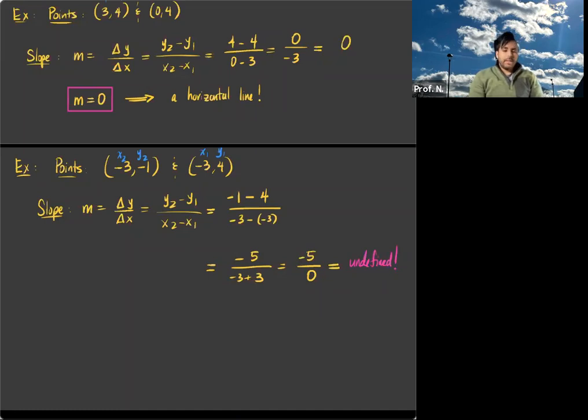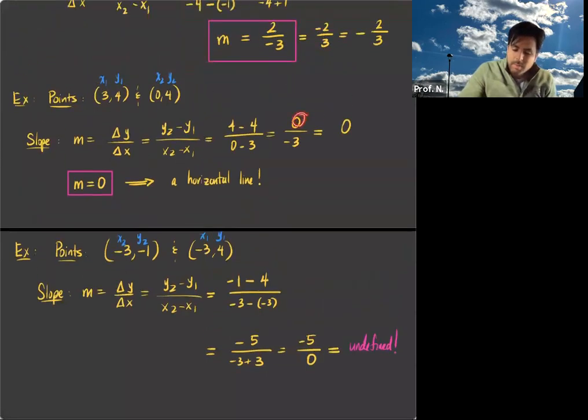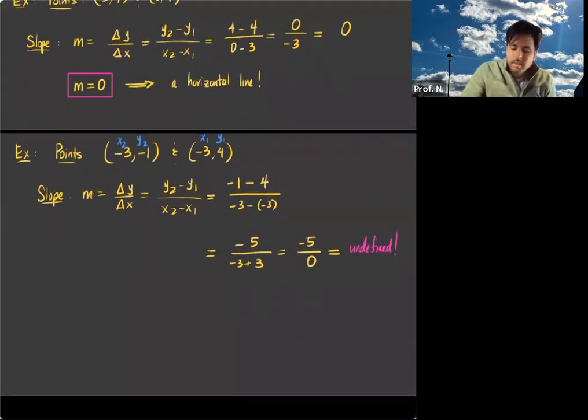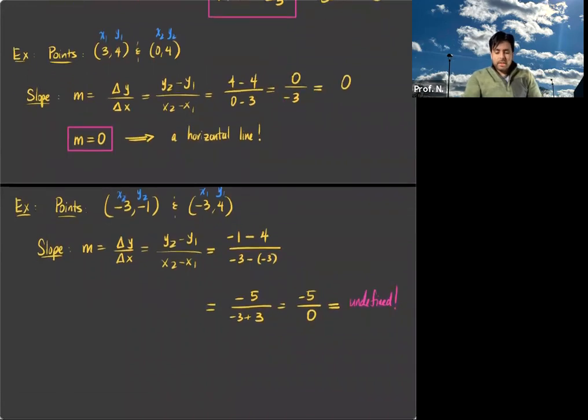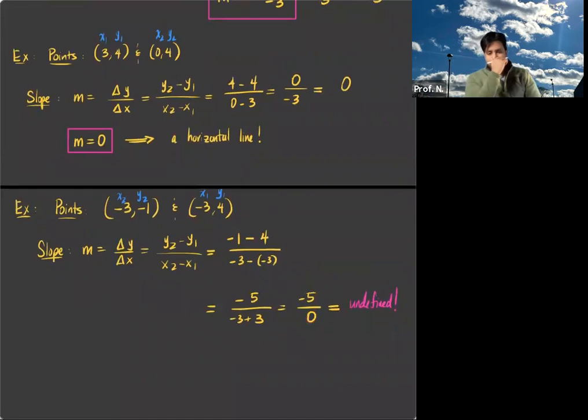So when you divide anything by 0, you have an undefined value. When you take 0 and divide by anything, you get 0. It's a very big difference. So if you have 0 in the numerator, the result will be 0. If you have 0 in the denominator, the result will be undefined.